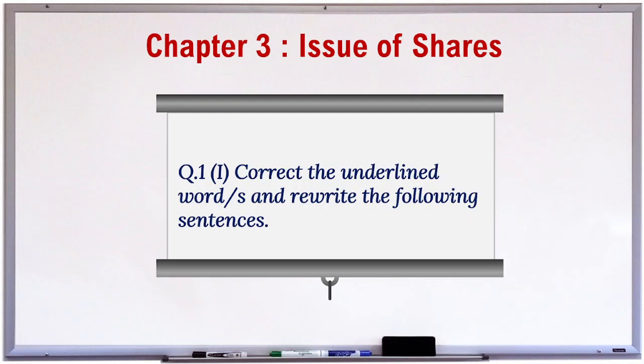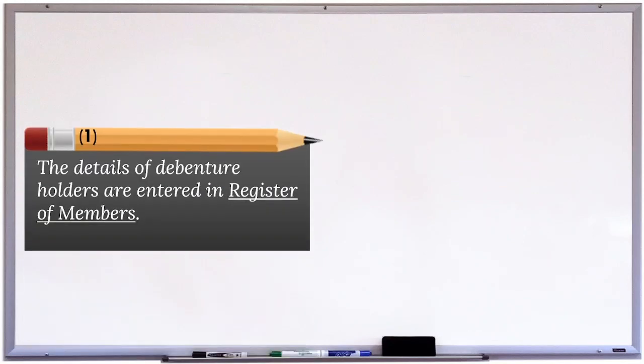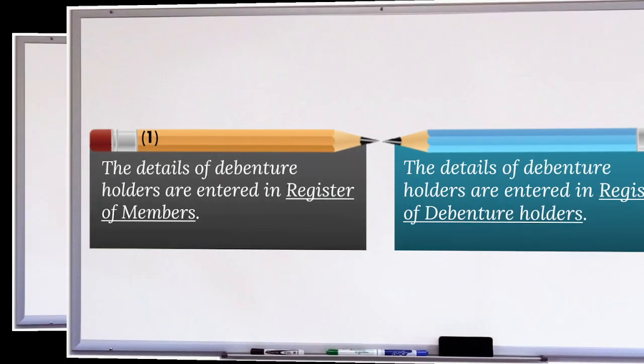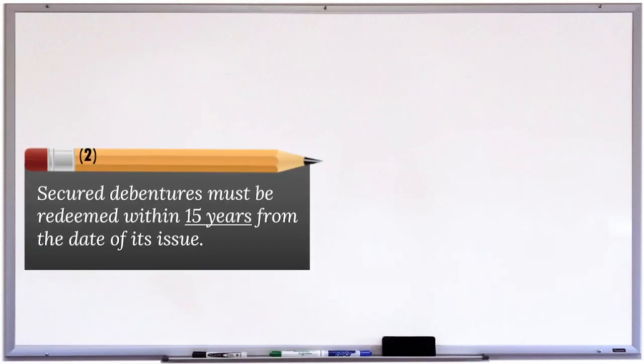Question 1. I. Correct the underlined word or words and rewrite the following sentences. 1. The details of debenture holders are entered in Register of Members. Answer. The details of debenture holders are entered in Register of Debenture Holders. 2.